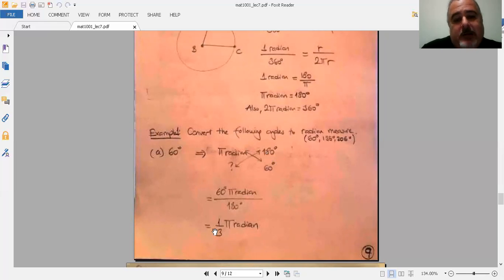We can easily find that it is 1/3 pi radian. Pi is a constant. We can also put the value of pi here and find another value, but both are the same.